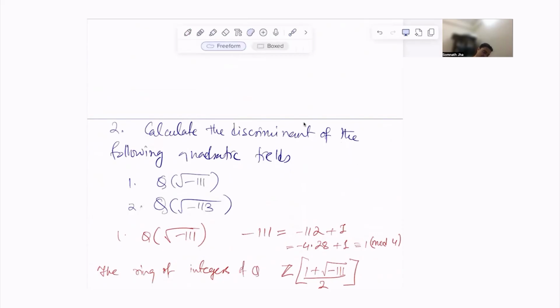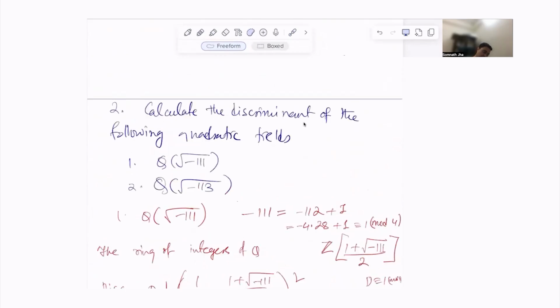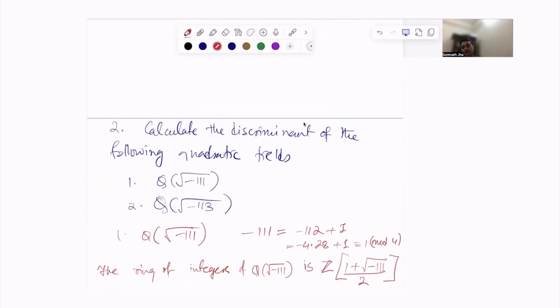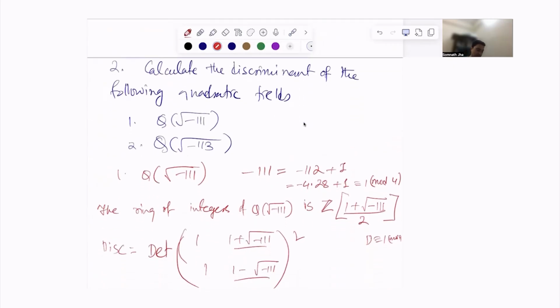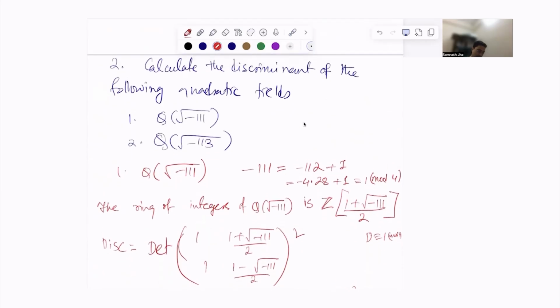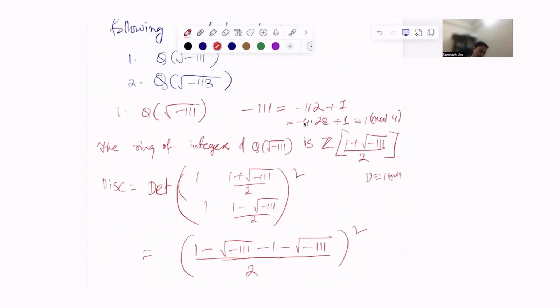So then the ring of integers of Q of root minus 11 is Z of 1 plus root minus 11 by 2. And the discriminant is 1 plus root minus 11 by 2 minus 1 minus root minus 11 by 2, the square of that.